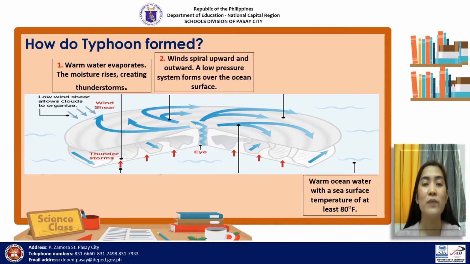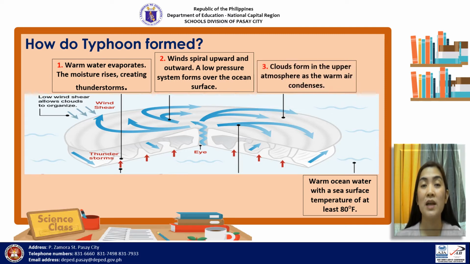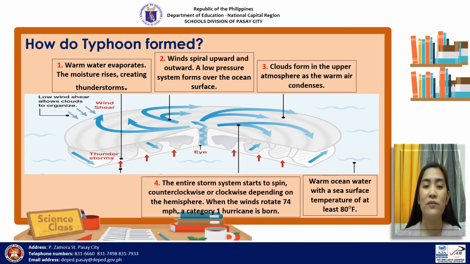Second, winds spiral upward and outward. A low pressure system forms over the ocean surface. Third, clouds form in the upper atmosphere as the warm air condenses. Fourth, the entire storm system starts to spin counterclockwise or clockwise depending on the hemisphere.